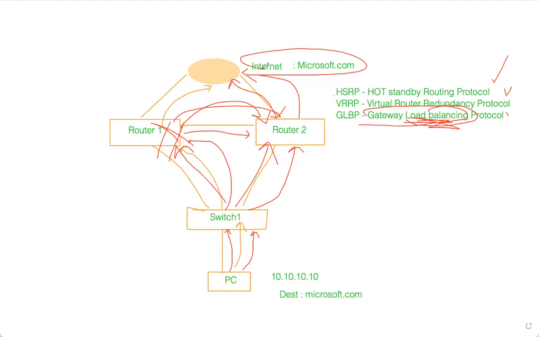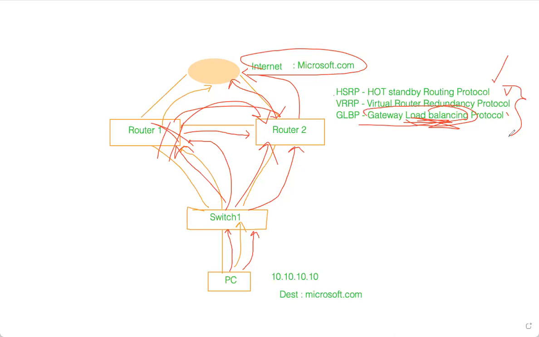I think let's give it a chance to Manogna. What will be the protocol that will be binding layer 3 to layer 2? Maybe the gateway load balancing protocol. No. Internet control protocol.